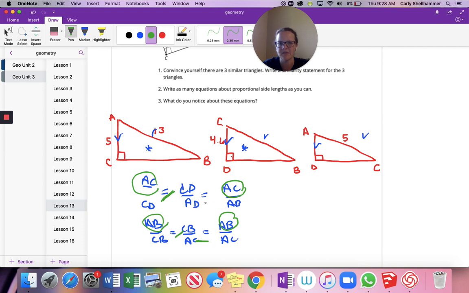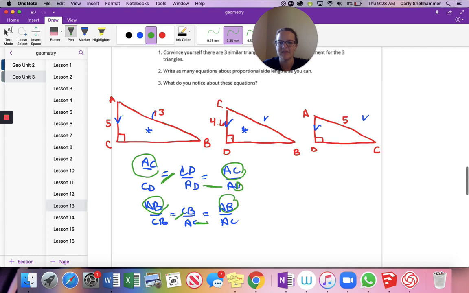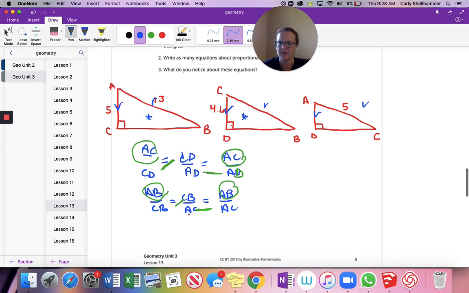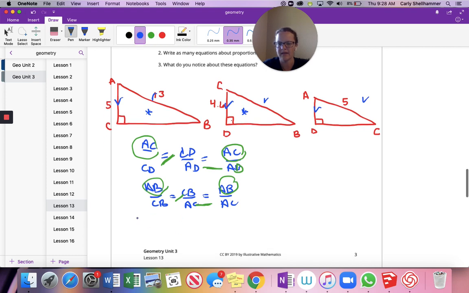Yep, that should be an AD. I'm just seeing a pattern here. Let's see, I can write that last one. The long leg, CB over DB equals DB over DC equals CB over DC.